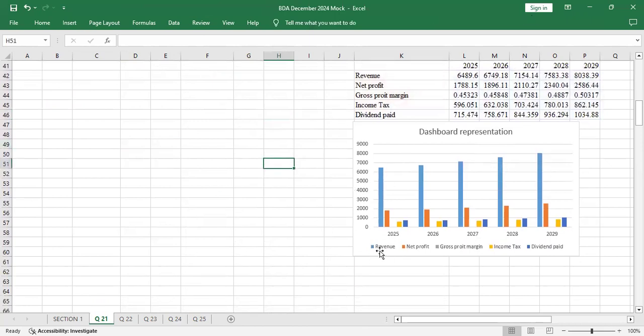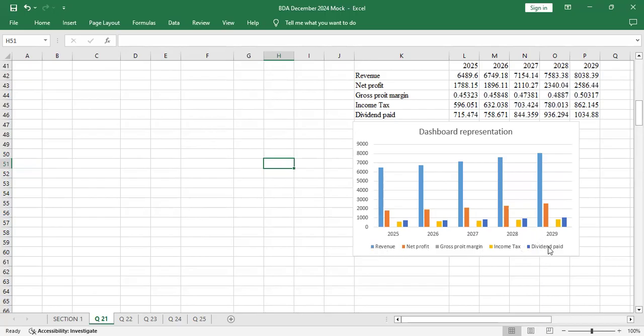You can see now revenue is blue, net profit is orange, gross profit margin is gray, income tax is yellow, then dividend paid is dark blue. This revenue was light blue.